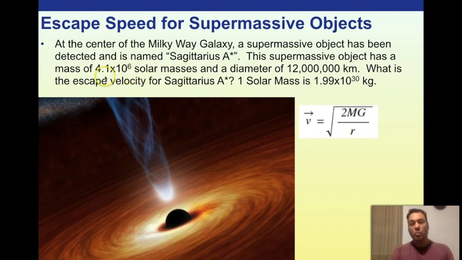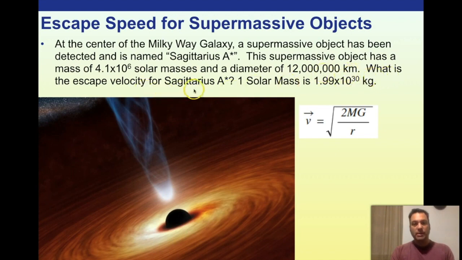That's 4.1 million solar masses. That means suns. And a measured diameter of 12 million kilometers. That's a really large star, to say the least.